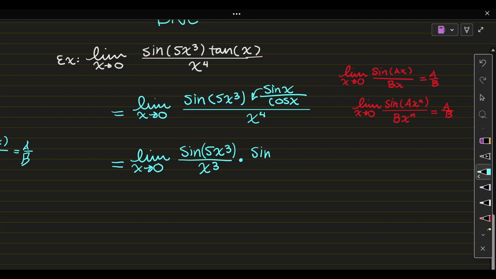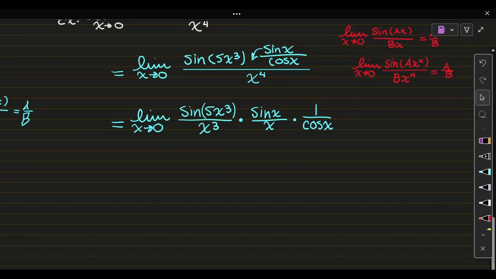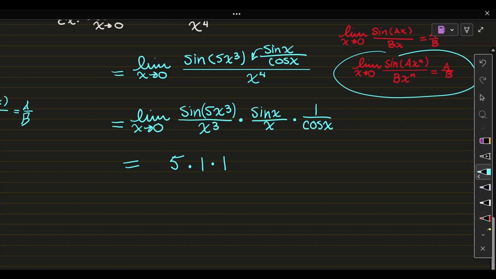I can have sine x over x from that remaining x from x to the 4th times 1 over cosine x. This is going to give me, using my identity that I have here, 5 times 1 times 1, which is just going to give me 5, right? Because this limit will be 1, and this limit will also be 1.